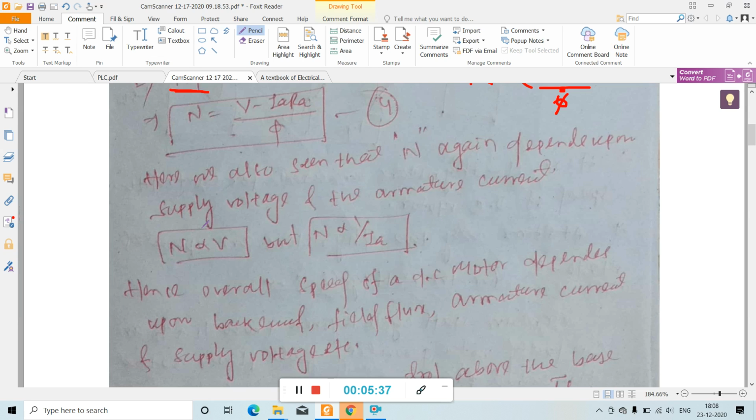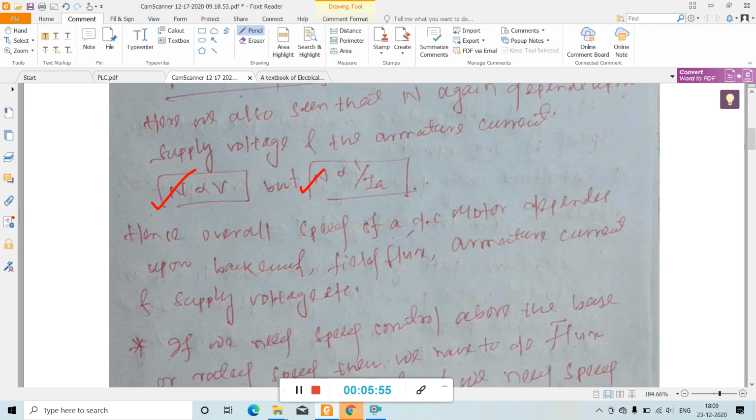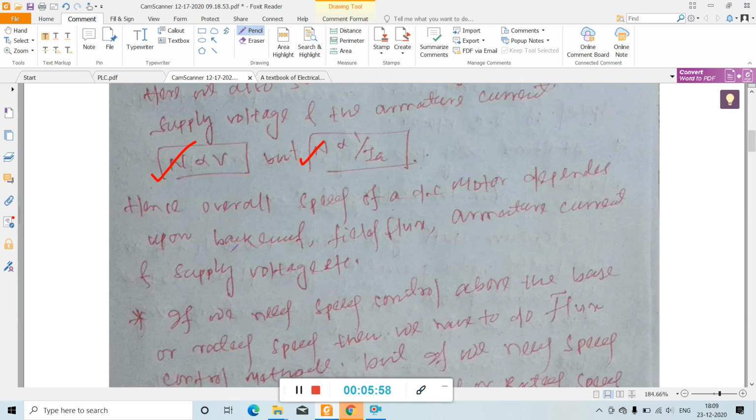From this expression, speed is directly proportional to V and inversely proportional to Ia. So overall, the speed of a DC motor depends upon back EMF, field flux, armature current and supply voltage. These are the four parameters on which speed depends.